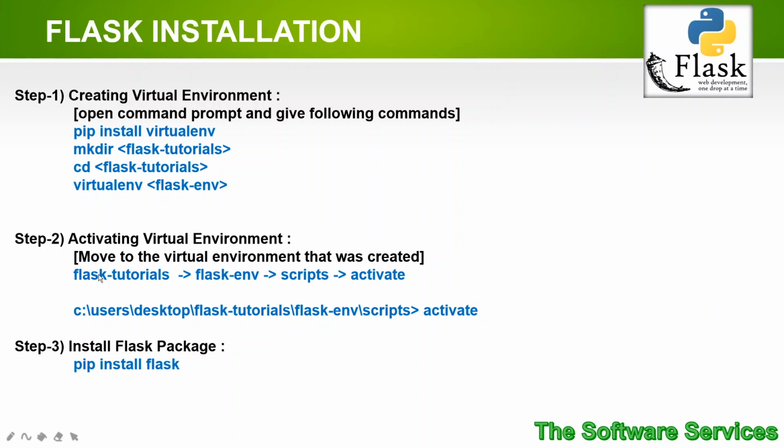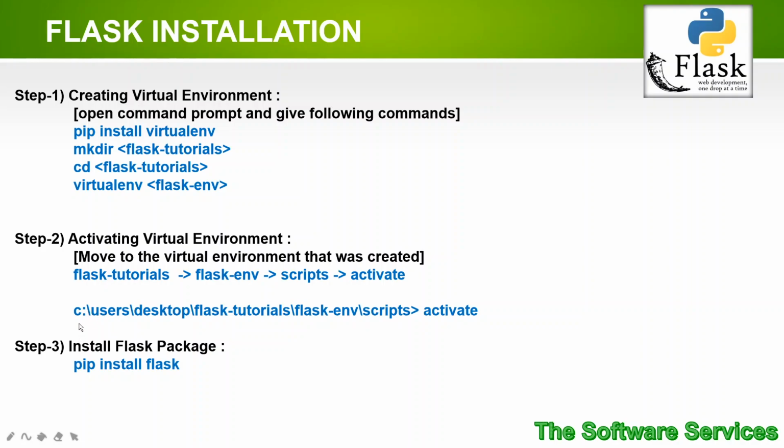Open the command prompt, change the directory to scripts, and type activate. Then a small flask-env will appear before the C colon prompt. That indicates you are working in the Flask environment, friends.